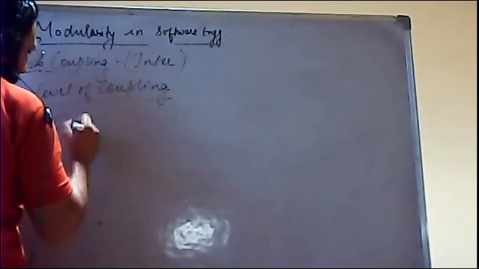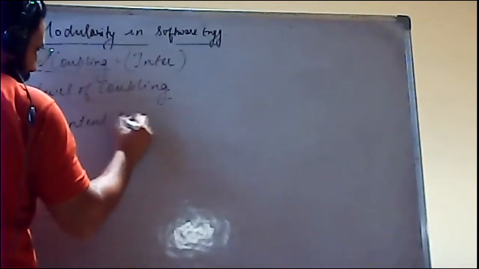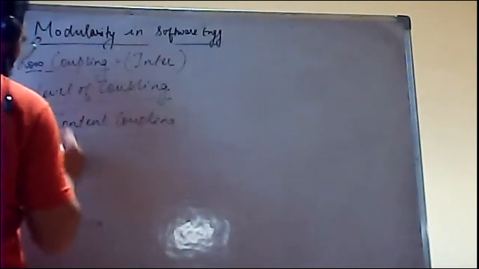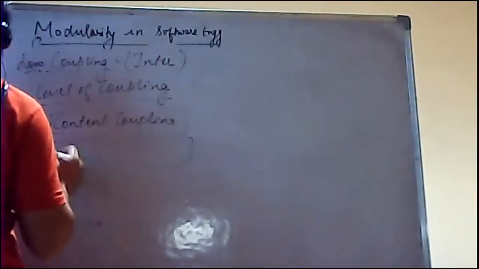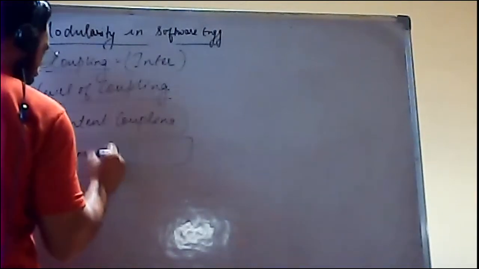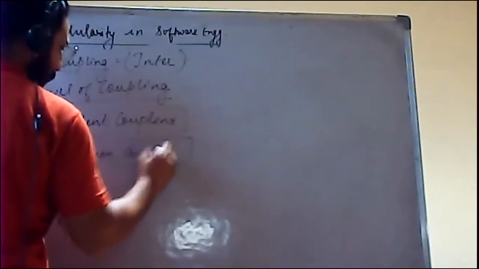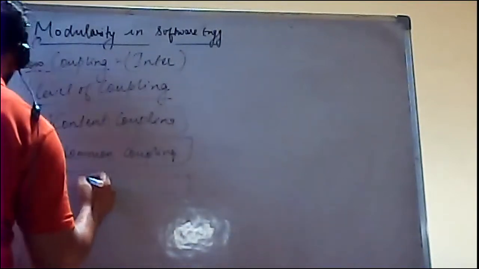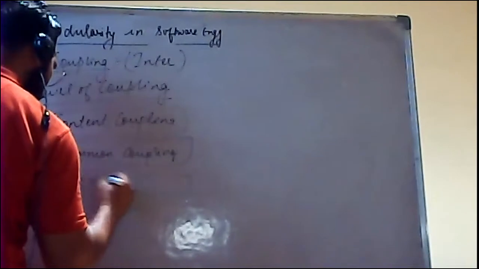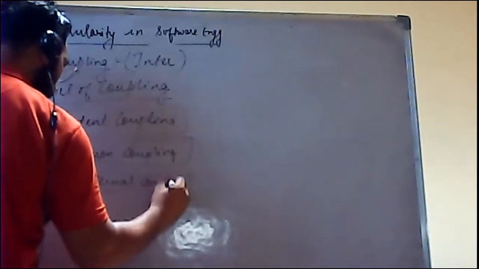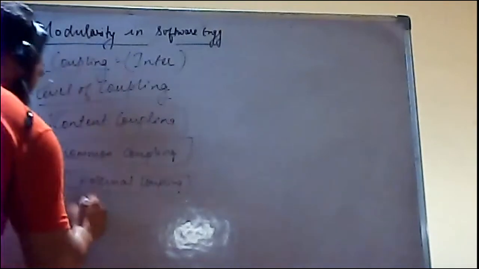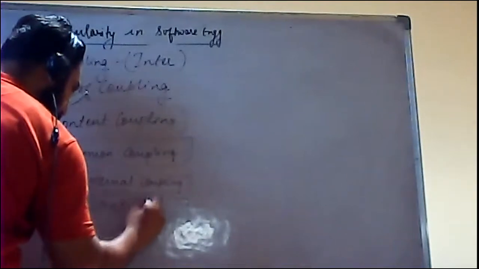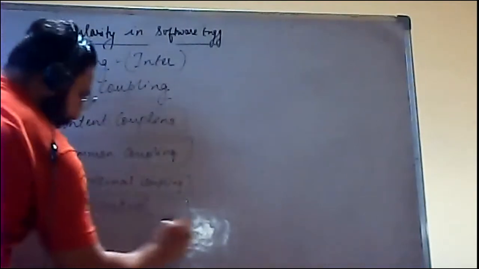First is your content coupling. Next is your common coupling. Next is your external coupling. Next is your control coupling. Then there is stamp coupling.